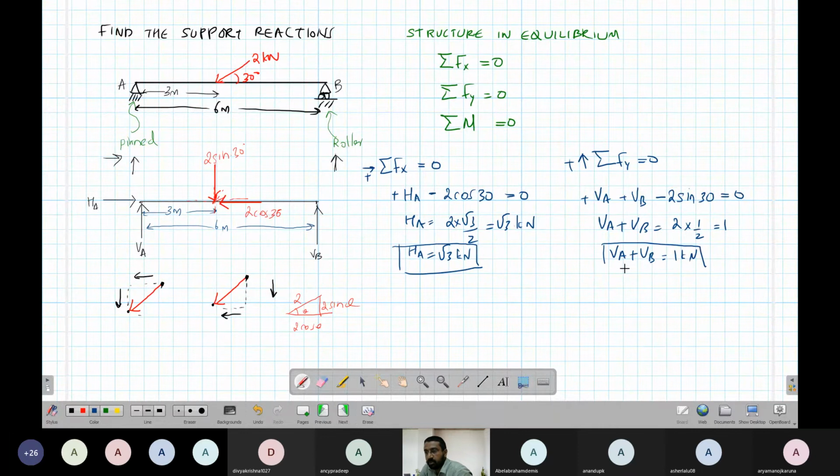So there is another equation. Now we will use the third one. Any moment, any point you can take. Summation of moment about, let's say, B equal to 0. Anti-clockwise positive.